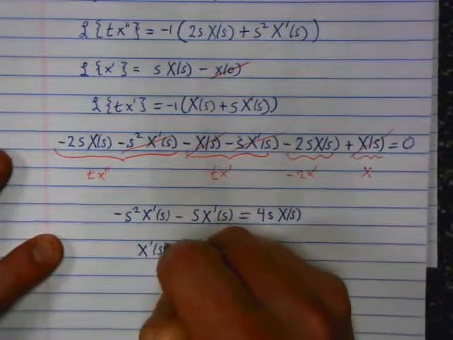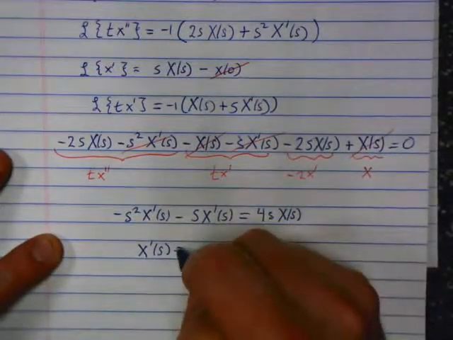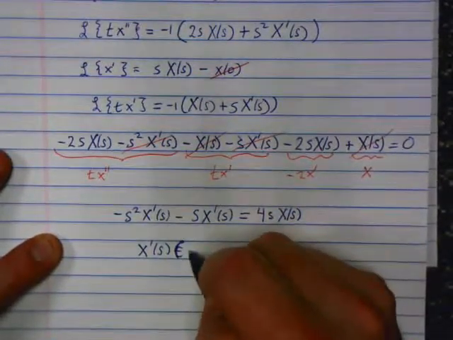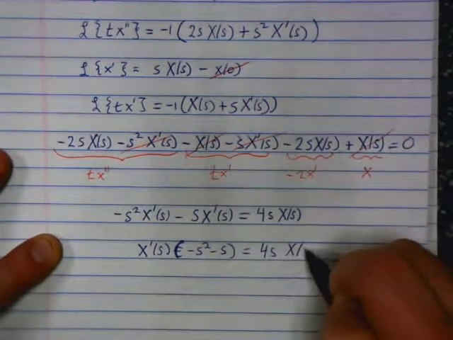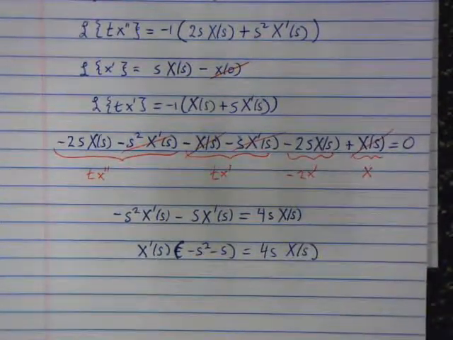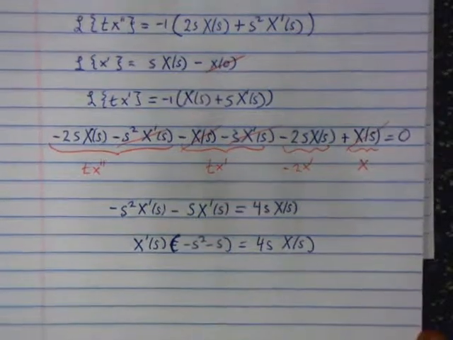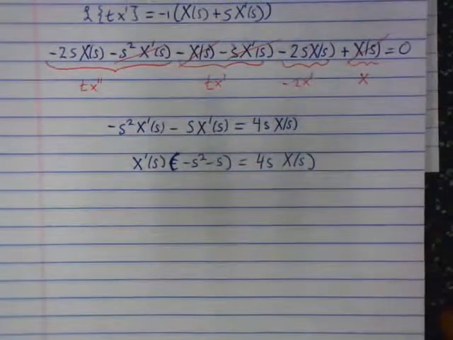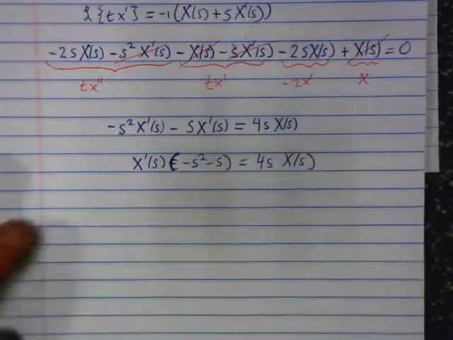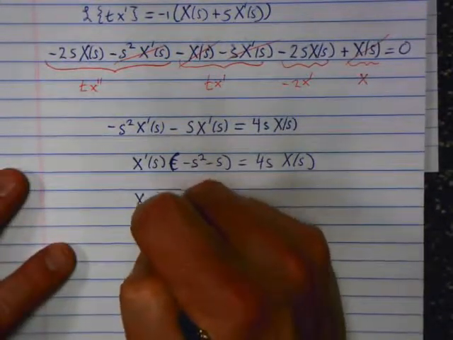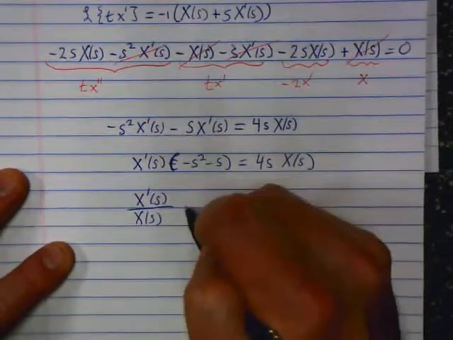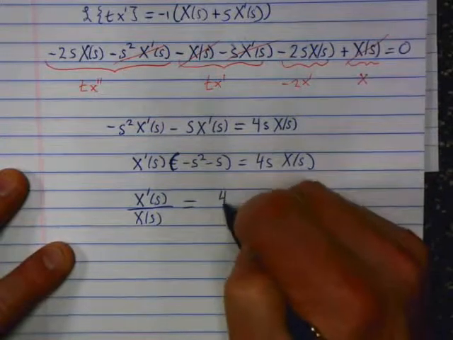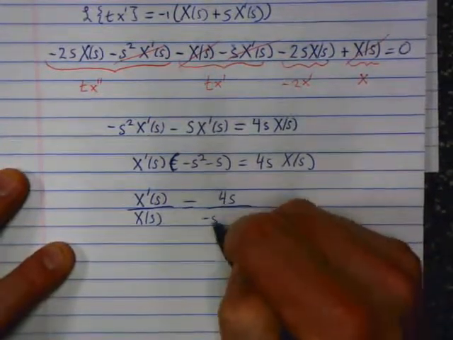X prime of s times minus s squared minus s equals 4s capital X. Then I'm going to write this as x prime of s over x of s equals 4s over minus s squared minus s.